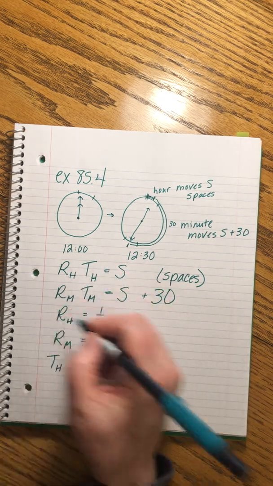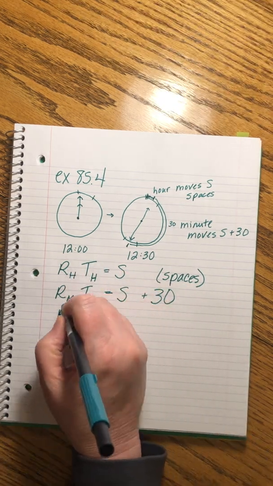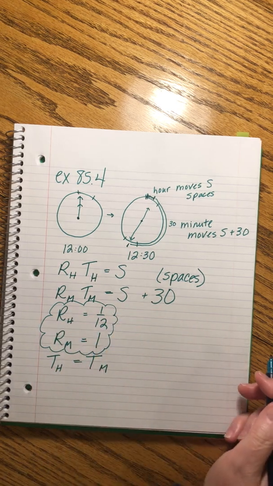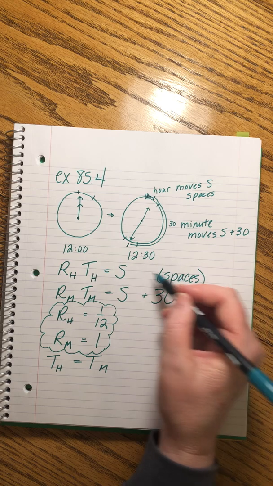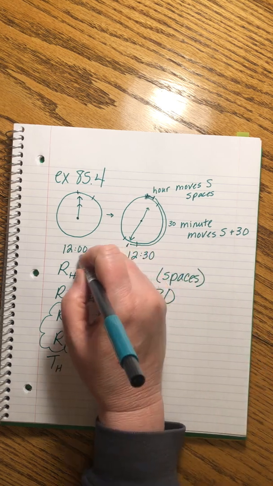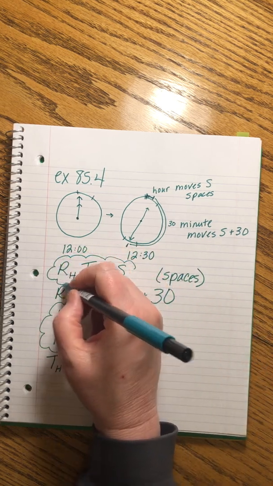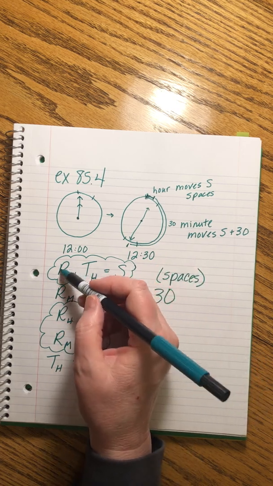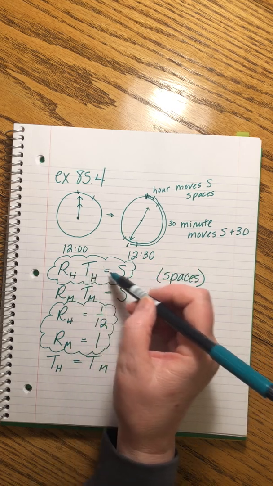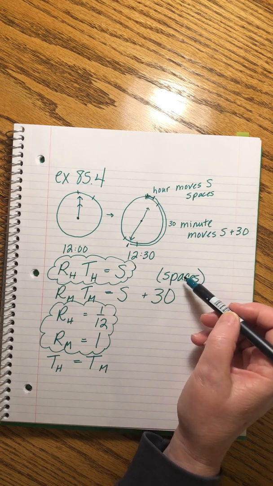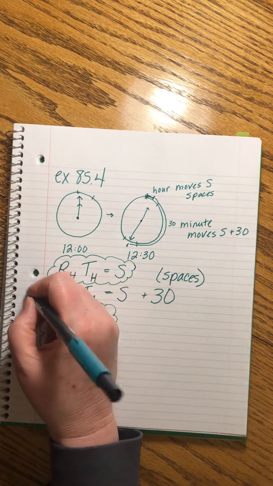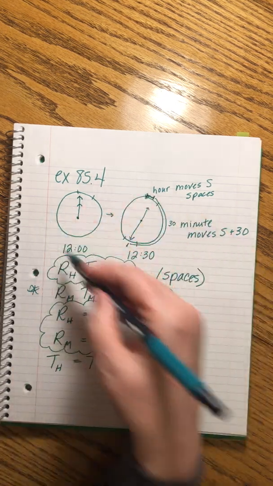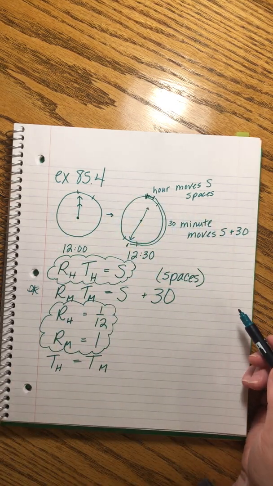We're always going to have these two rates, they'll always be the same. This equation, I believe, is always the same. The hour hand rate times the hour hand time equals S. And then depending on how the problem is, this is the hardest one to write, because this one has to be custom made to whatever situation John is setting up in the scenario.